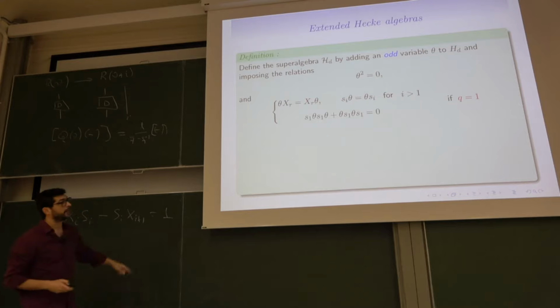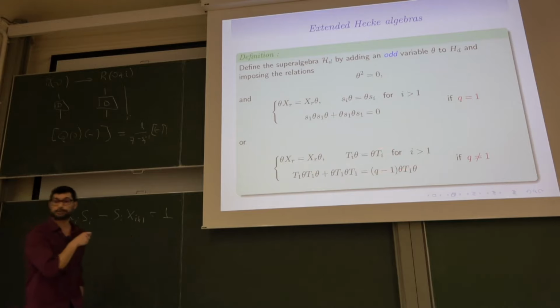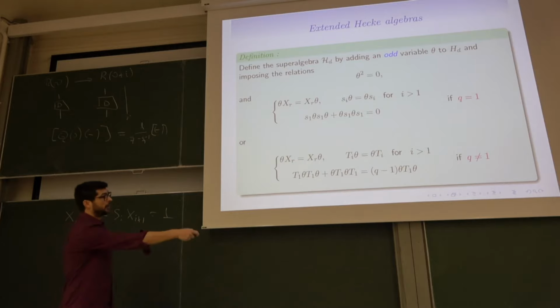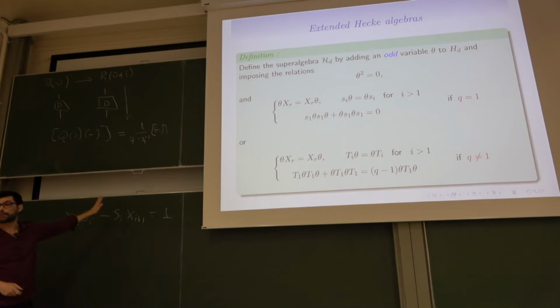For the affine Hecke, one of the relations is different. We had an extra term. Although for q equals 1 we have the same relations, these are distinct algebras. This algebra exists for all q, but has nothing to do with KLRs.